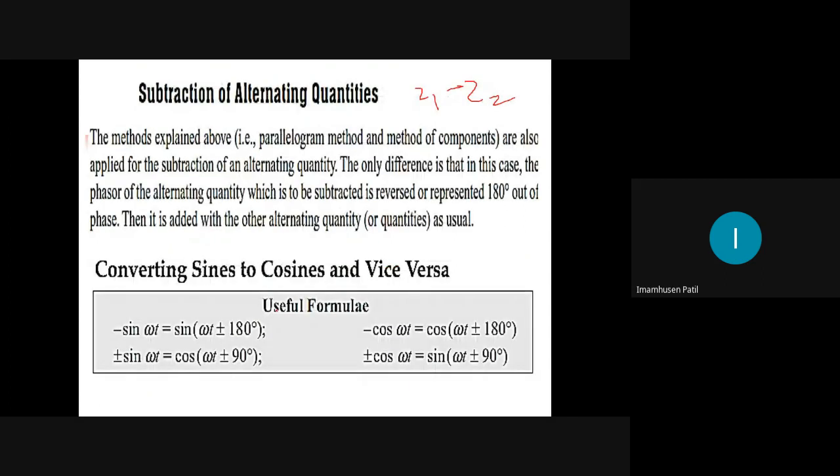Now these are the formulas for converting sines to cosine and vice versa. You have to remember these rules. Minus sine omega t is equal to sine of omega t plus or minus 180. Minus cos omega t is equal to cos of omega t plus or minus 180.